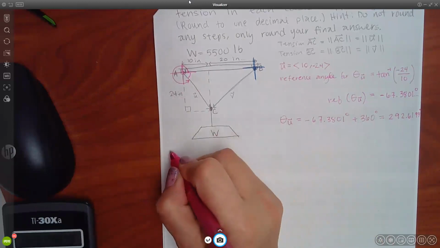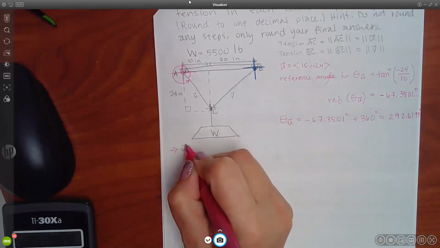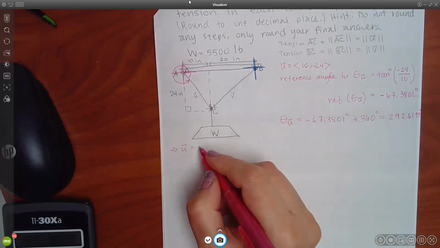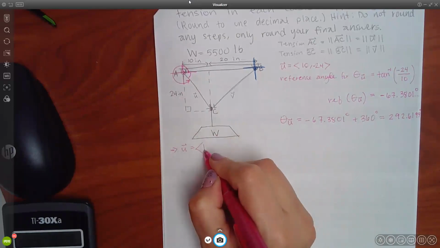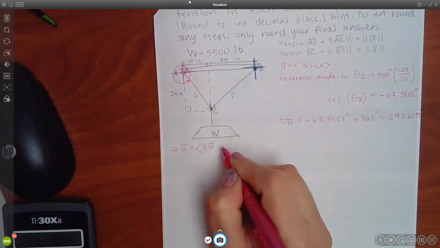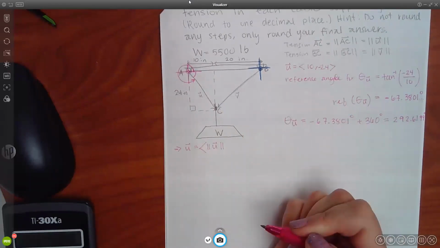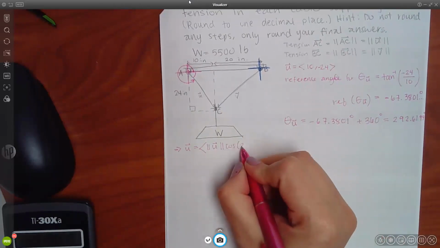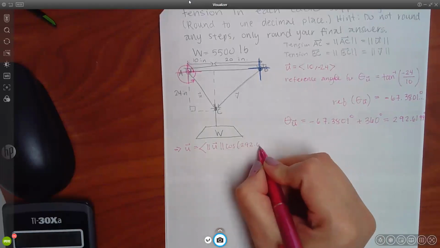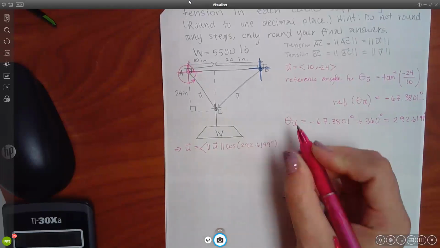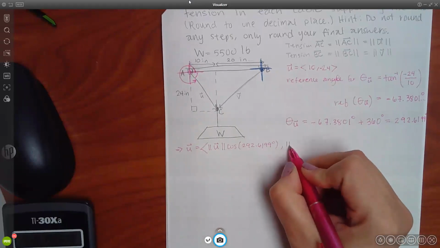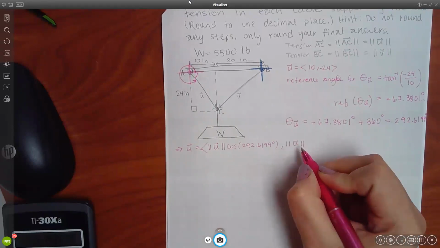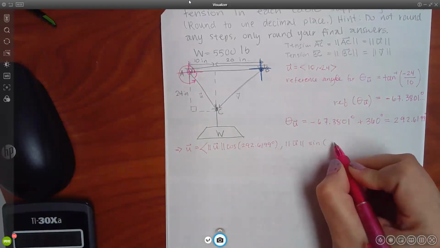So then now I know that u is going to be the magnitude of u, which I don't know yet. That's what I'm trying to figure out, times the cosine of this angle. And then the magnitude of u again times the sine of this angle.